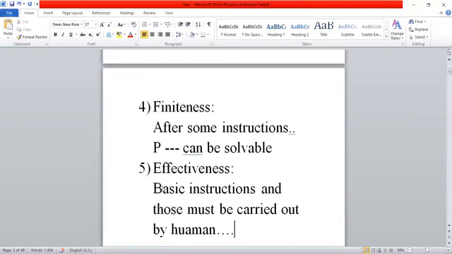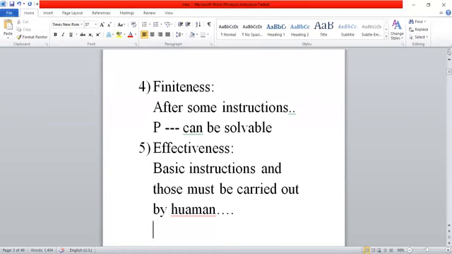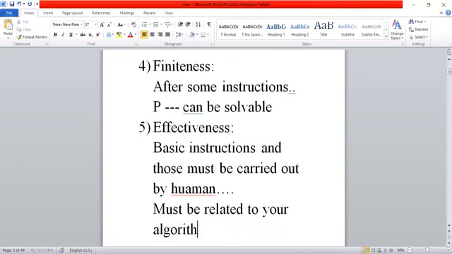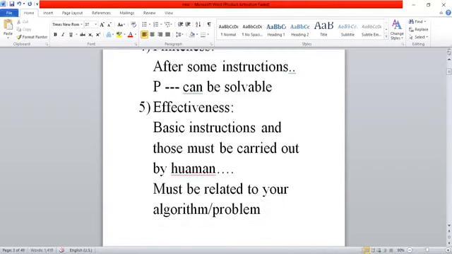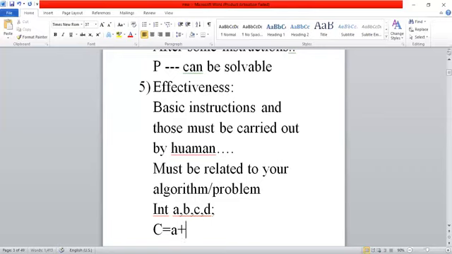The instructions must allow the user or developer to carry them out completely. Whatever instructions you write must be basic, and also must be related to your algorithm or problem. Otherwise those statements go to waste. Suppose you want to add two numbers, but instead of declaring two numbers you declare a, b, c, d, while we are only using c equal to a plus b in our procedure, so we unnecessarily declared d.